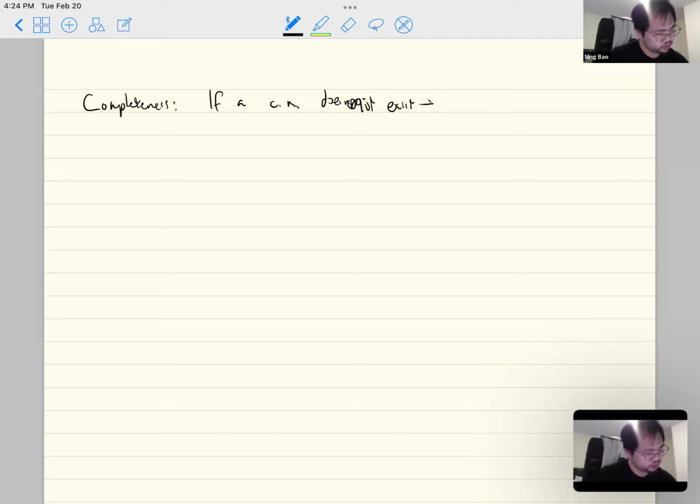Thank you. Okay, so some other things that we did: completeness. You might want to know that if a contraction map does not exist, then that means the inequality is false.